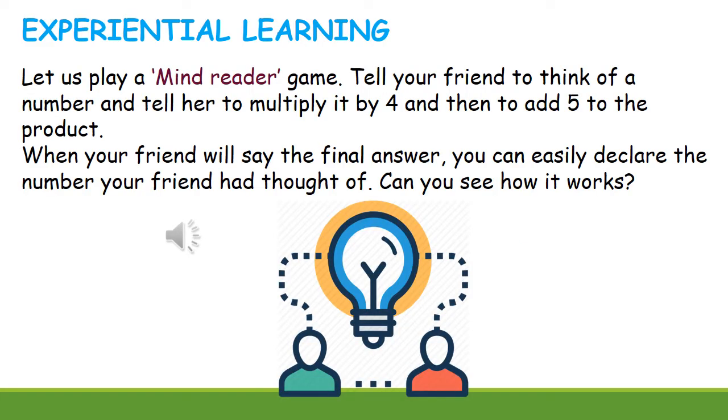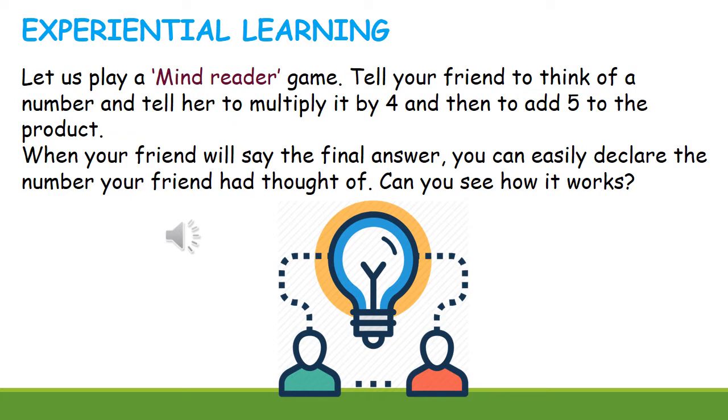Let us start the chapter with a small game. Let the name of the game be Mind Reader. Tell your friend to think of a number and keep it to herself. And then you tell her to multiply the number by 4 and then to add 5 to the product.